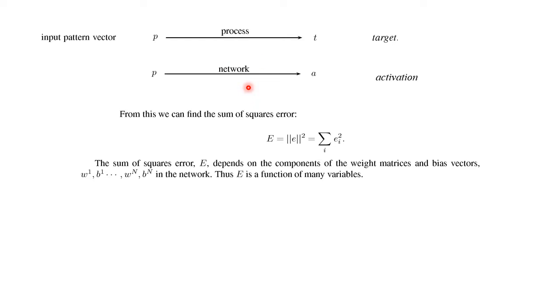So we are going to adjust the weights and the biases in such a way that the sum of squares of errors goes down. It will be an iterative process in which we adjust the weights and the biases each time in such a way that the sum of squares of errors goes down. The E is a function of many variables, so we try to minimize a function of many variables.